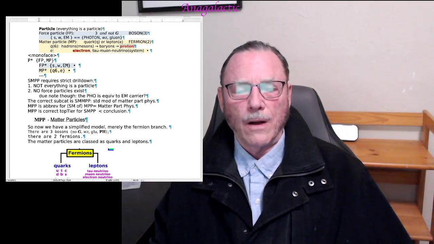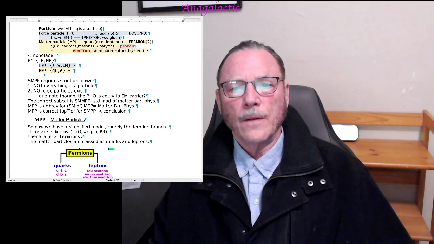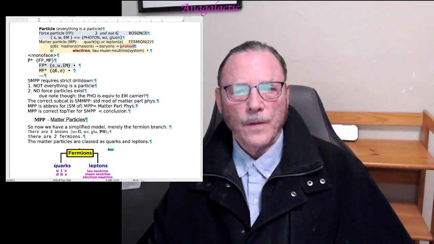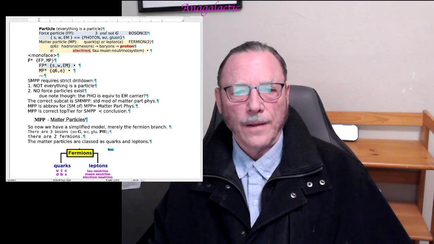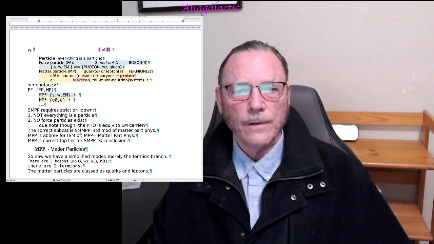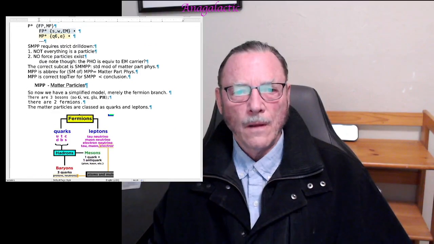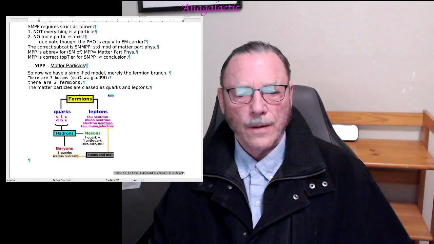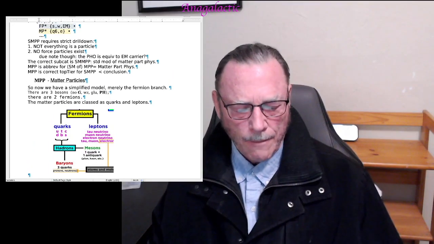According to the standard model, the proton is a hadron baryon, which is redundant. The electron is a lepton. So now I'm going to scroll a bit further. You can see this is the bottom of the page. So you see that's the bottom of the diagram.